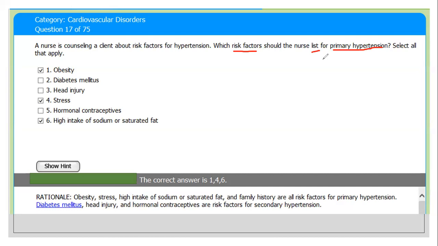So what factors? They said obesity, one of the risk factors for primary. Stress, one of the factors of primary. High intake of sodium or saturated fat, one of the causes of primary. But diseases, and causes like hormonal contraceptives and endocrine tumors, are causes of secondary.